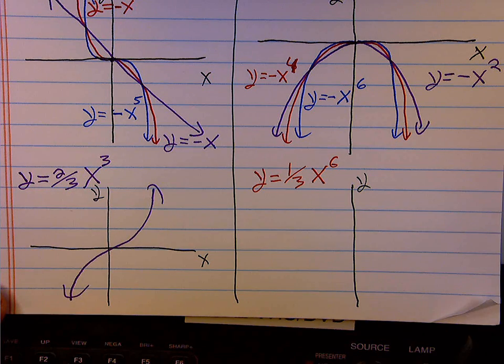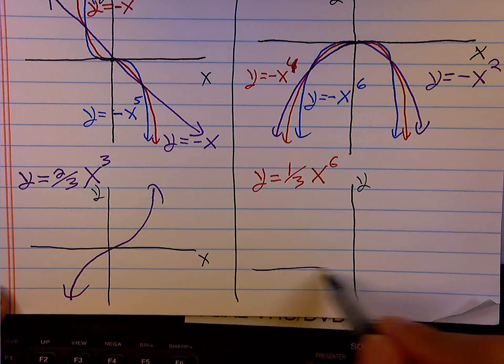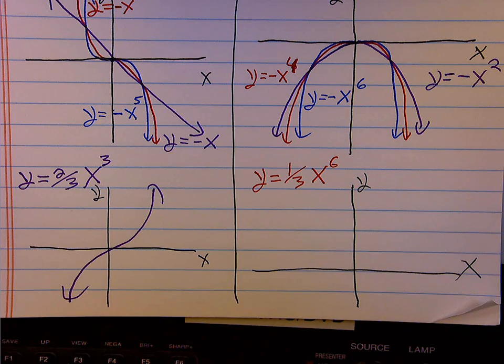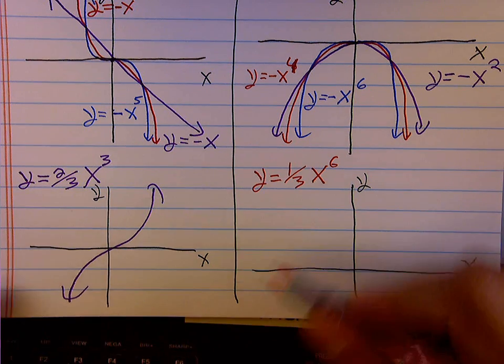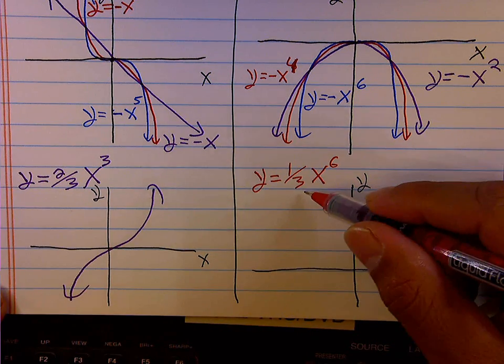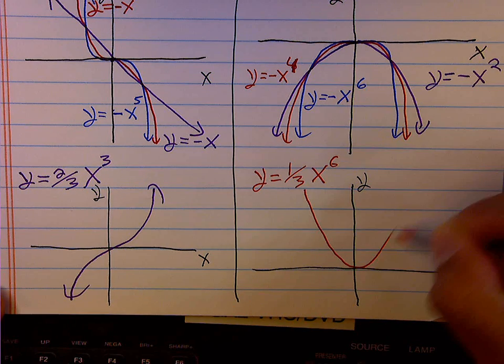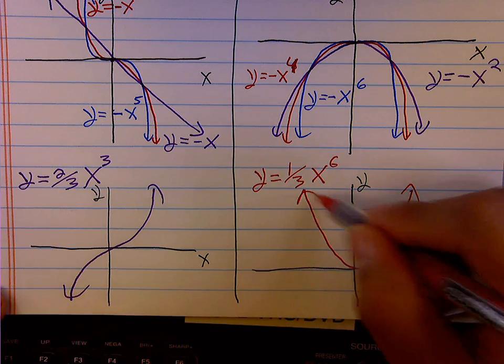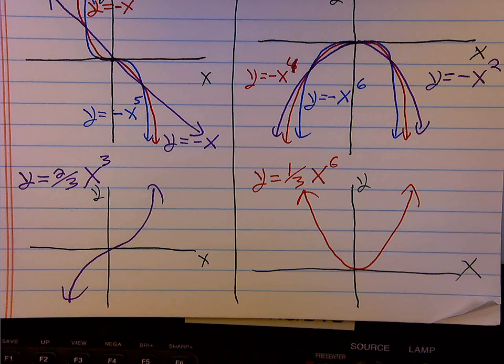My number in front is positive, which means it's going to open up. So it's going to look something like this as a rough graph. We will continue talking about power functions.